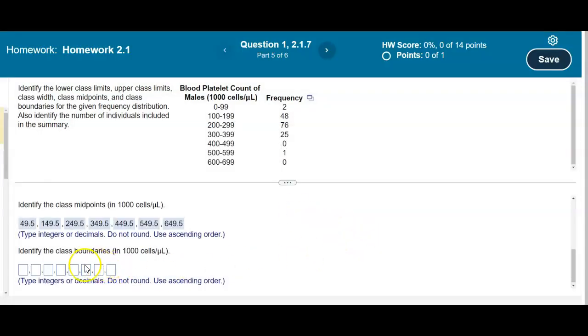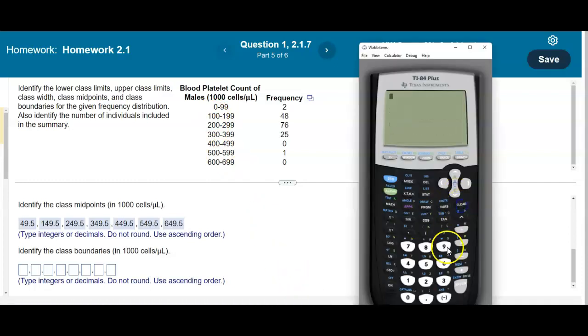Okay, now we want to be able to identify the class boundaries. In order to find the class boundaries, we add the upper limit of the class, in this case of the first class, and then we're going to add the lower limit of the next class, and then divide that by 2. So let's go ahead and do that. We're going to take 99 plus 100, and then divide that by 2.